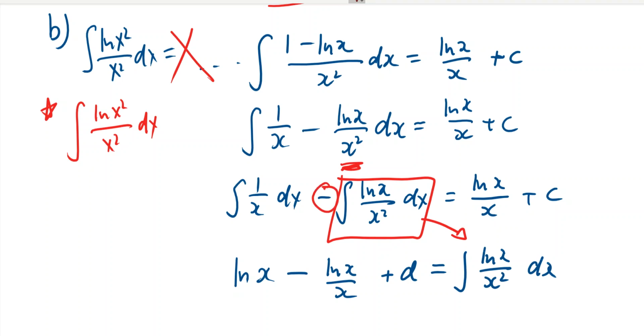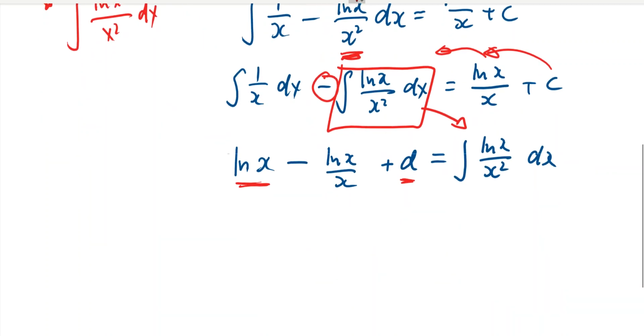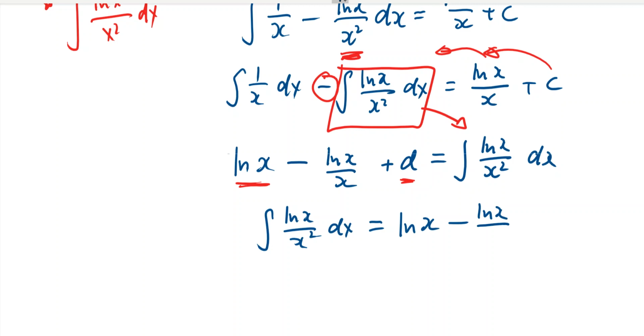When I bring c over, I don't want to write minus c, I can write plus d, and because I integrated this already, there's also an arbitrary constant inside, so the new arbitrary constant is d. Now I write back the whole thing: integrate ln x over x squared dx equals ln x minus ln x over x plus d.